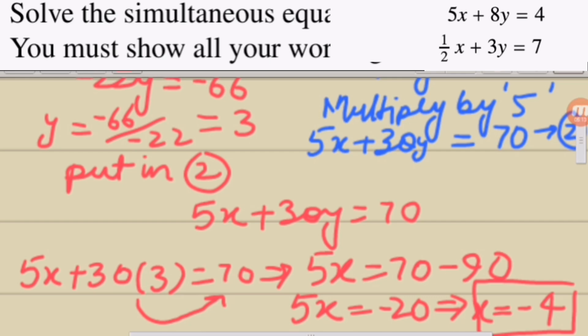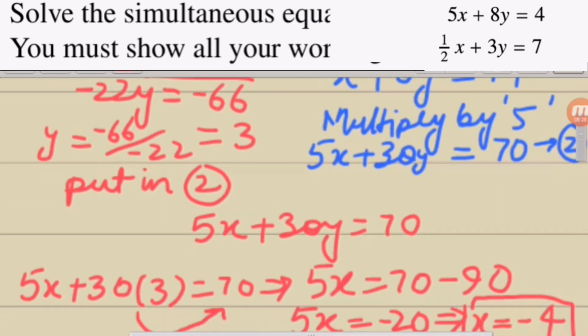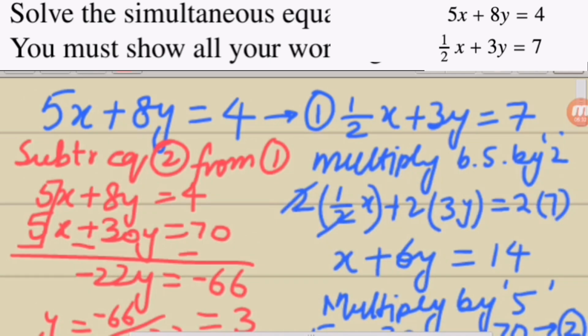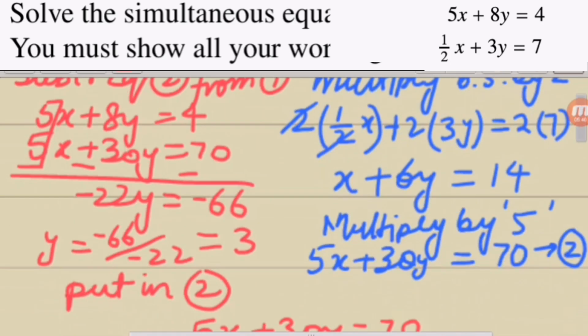So we can see one thing more as well, that if the values of x and y together are substituted in equation 1, y is 3, x is minus 4. If we put y as 3 in it, what does that give? 24.